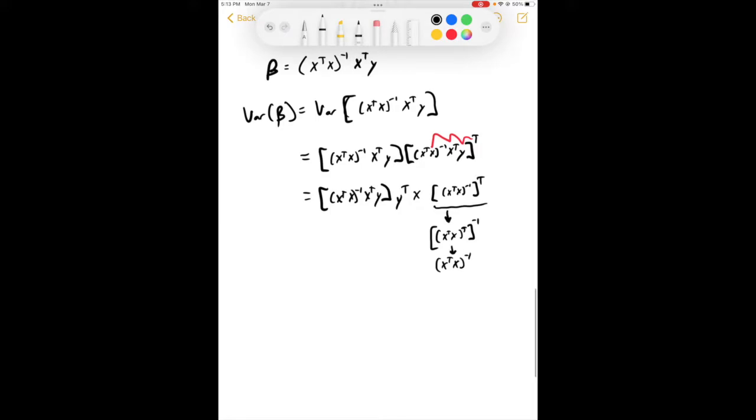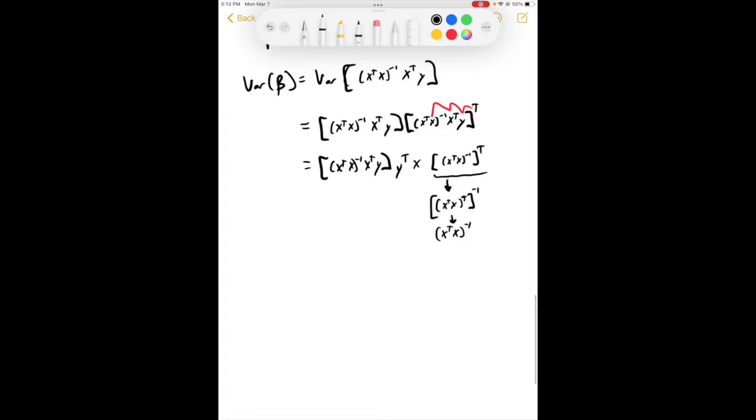So after the transpose, we just end up with x transpose x inverse. At this point, I'm going to drop these brackets around this front part. We've got x transpose x inverse x transpose y, then this one here, y transpose x, and then this comes over x transpose x inverse.